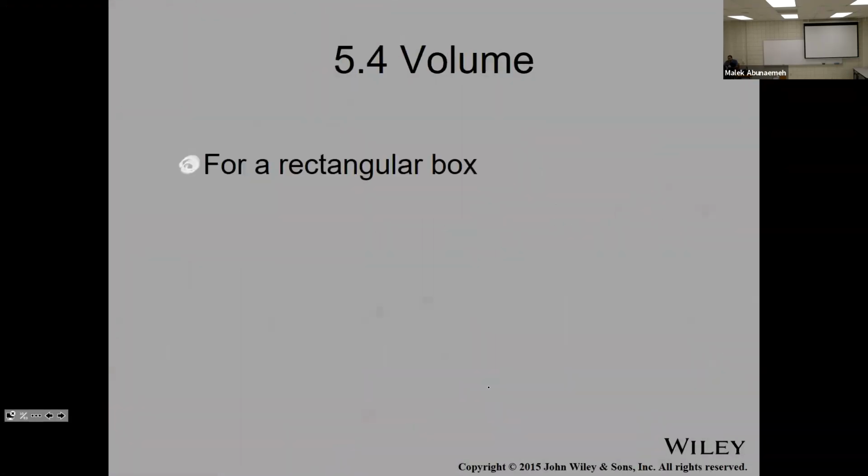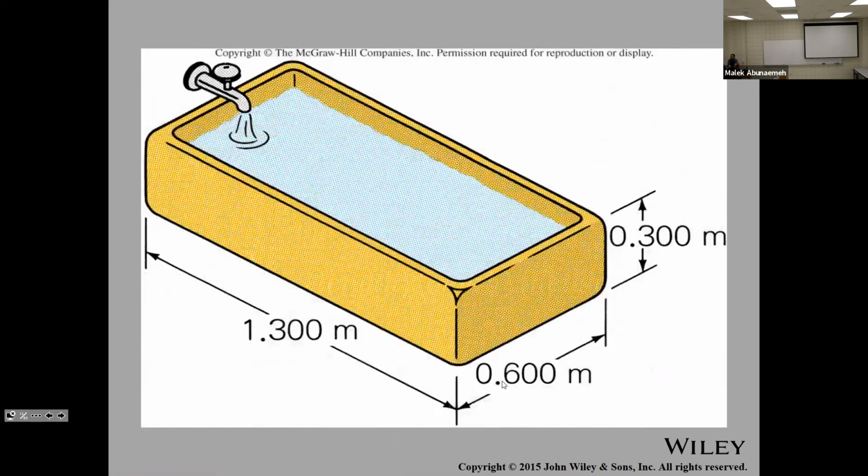Now, talking about volume. For a rectangular box, your volume is your length times the width times your height. So supposedly we have a box that's 1.3 times 0.6 times 0.3. What is the volume for this box?